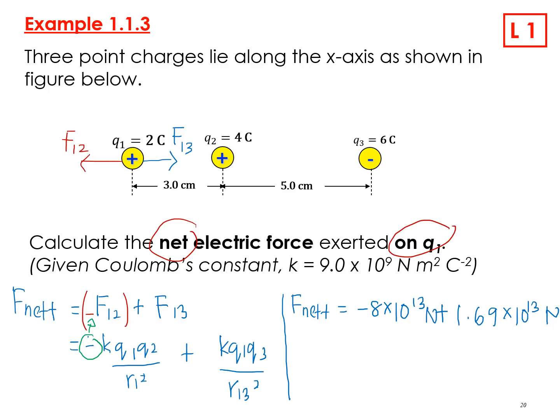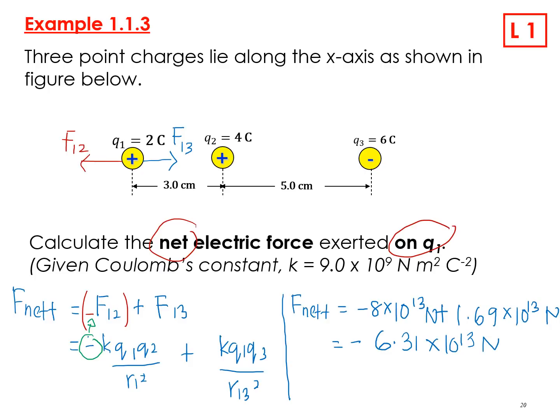If you sum up, you will get the answer of around negative 6.31 times 10 to the power of 13, and the unit is Newton.